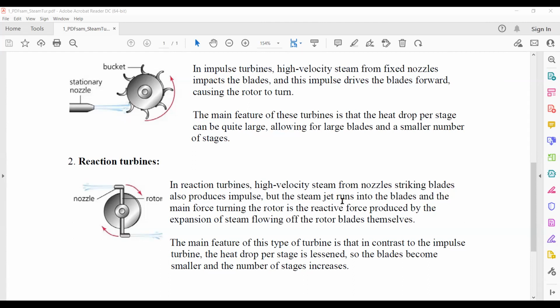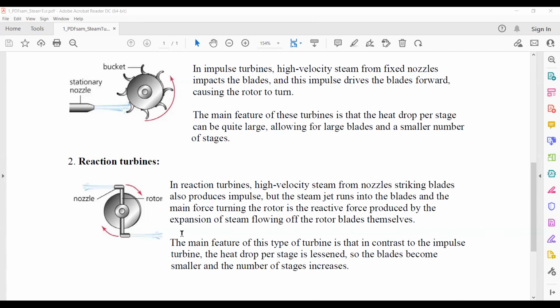But the steam jet runs into the blades, and the main force turning the rotor is the reactive force produced by the expansion of the steam flowing off the rotor blades themselves. So the main force here is the reactive force due to the expansion of steam over the rotor blades.